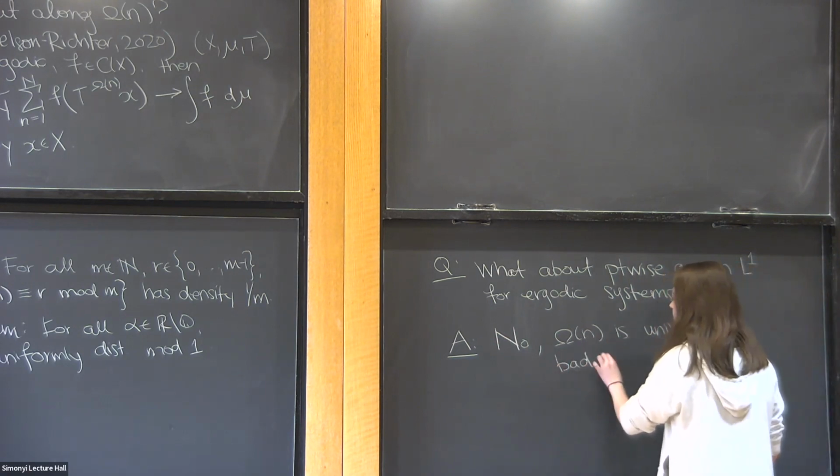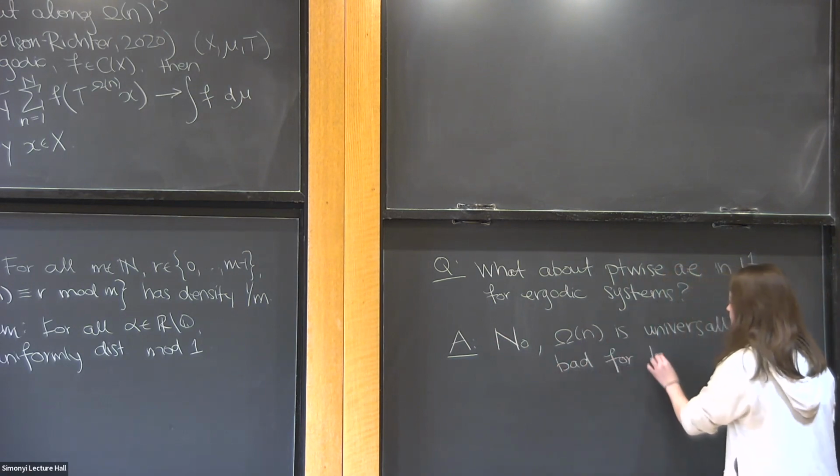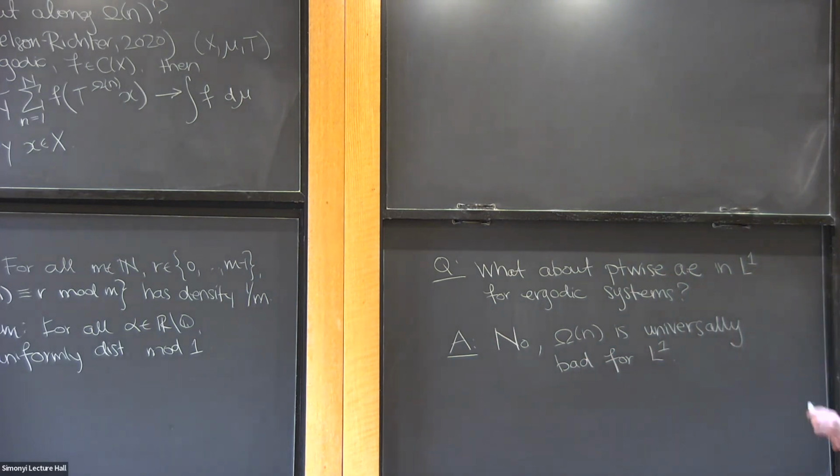What about p greater than 1? In p greater than 1, I think it's also going to be universally bad, for a reason that I'll show when I state the theorem slightly differently.